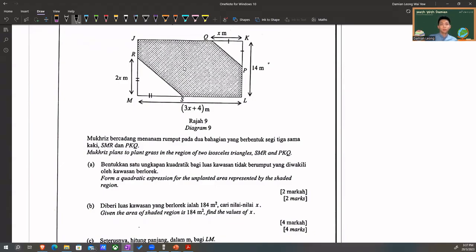So I can take 3x plus 4 times 14, the area of the whole rectangle, minus these two triangles, minus half times 2x times 2x bracket square, minus the other one, half times x times x square.